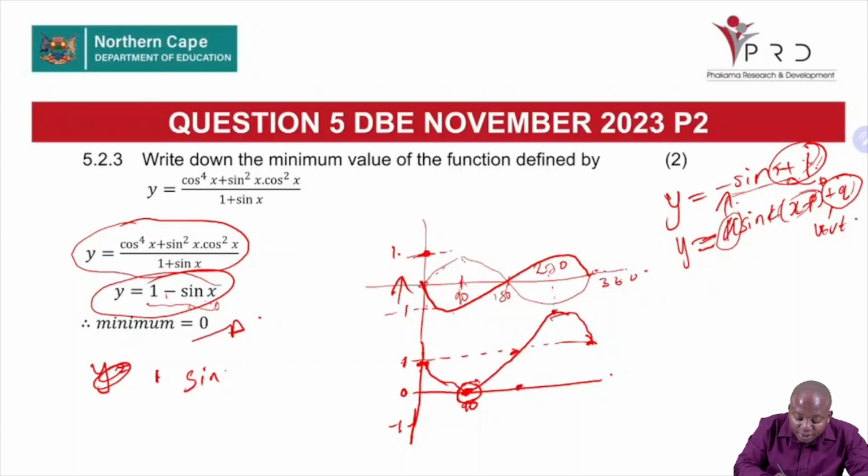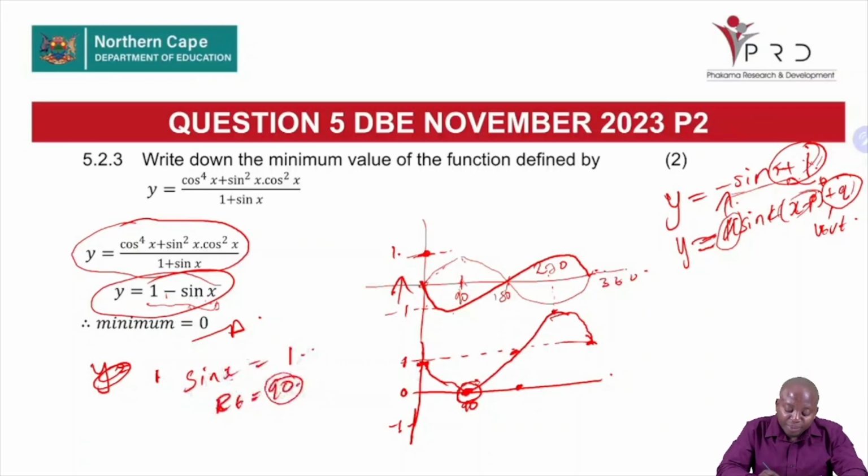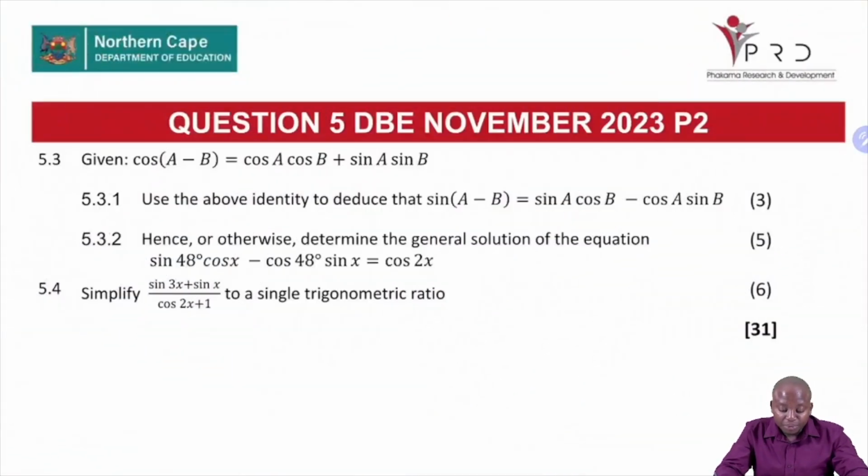So you have sin x is equal to 1. It's going to be negative 1 and 1. Then the reference angle here is going to be 90. Then you can find that our minimum is at 90 when you do the resolution of that. So what we do now, just shift it 1 unit up. When you shift it 1 unit up, the minimum value there is 0.